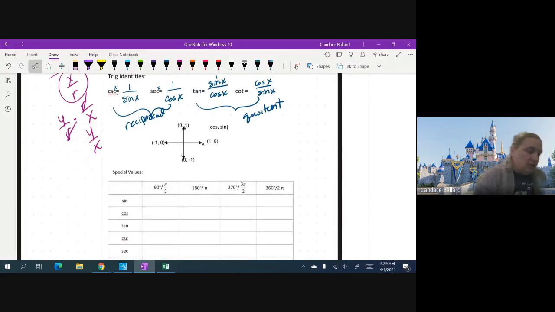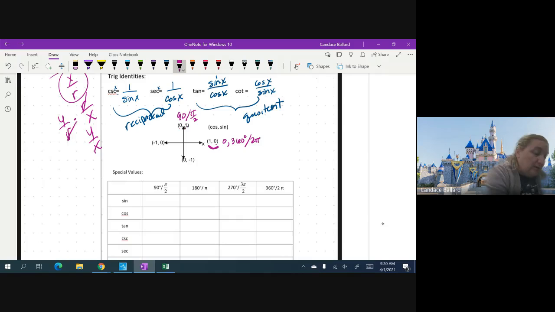So on our unit circle, if I was to write the coordinates 1 unit out, the first coordinate at 0 degrees or 0 radians, or when I loop around, 360 degrees or 2 pi, is the coordinate 1, 0. The one up here at 90 or pi over 2 is 0, 1.